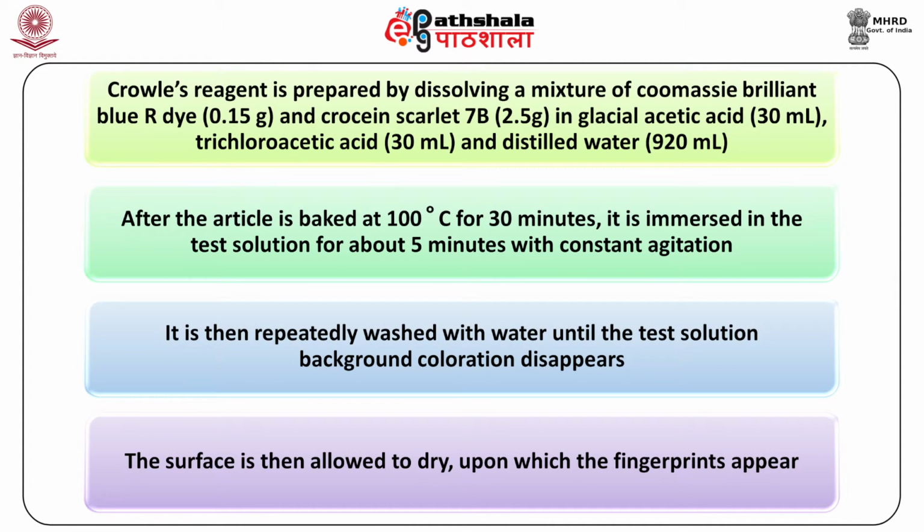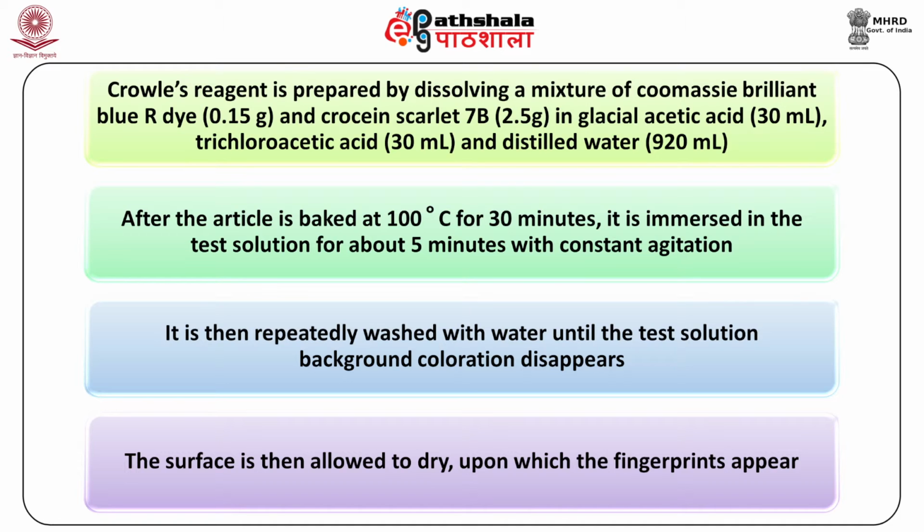Another reagent is Crowle's reagent. Crowle's reagent is prepared by dissolving a mixture of Coomassie Brilliant Blue R dye and Croceine Scarlet in glacial acetic acid, trichloroacetic acid, and distilled water.